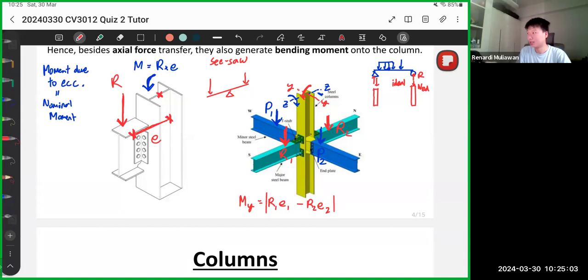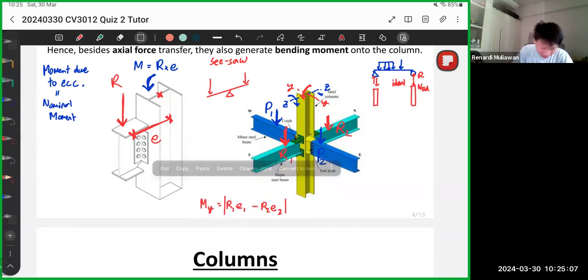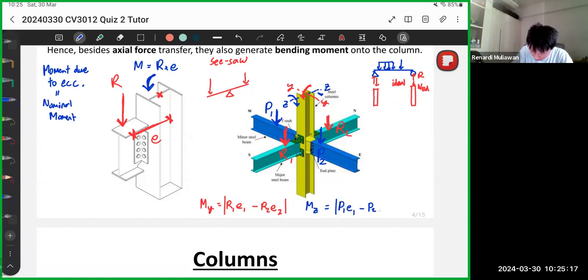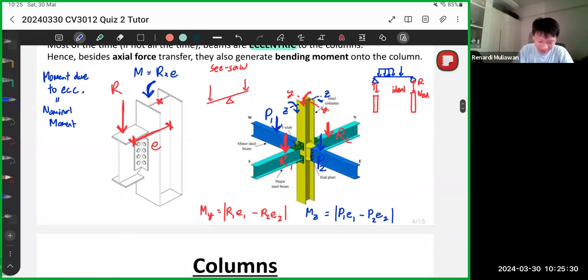Just take the difference of the moments. Similarly for MZ, it is just the magnitude of P1 E1 minus P2 E2, basically the eccentricity of each reaction force. Again, this one is just logic. It's a seesaw.